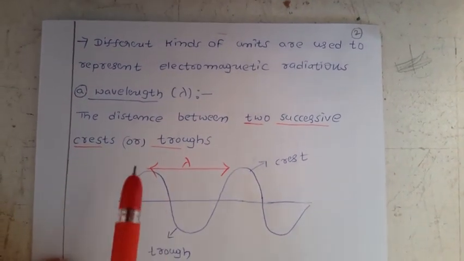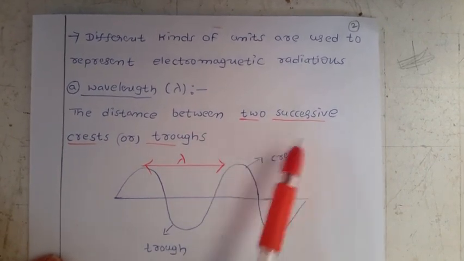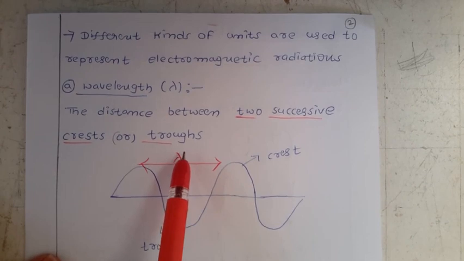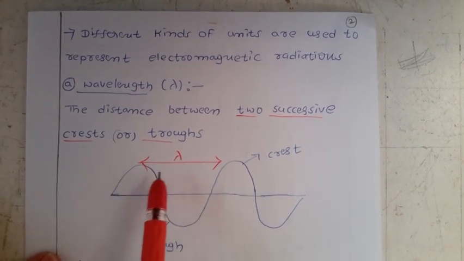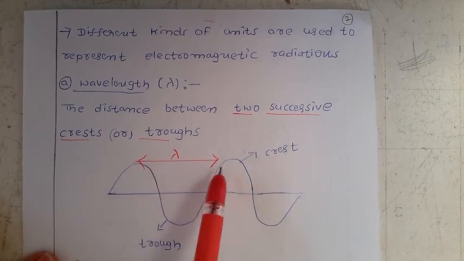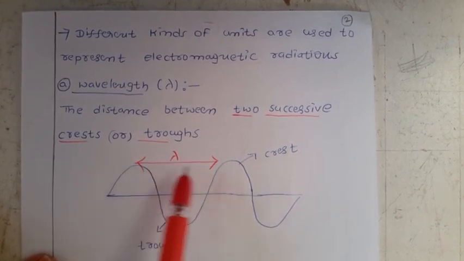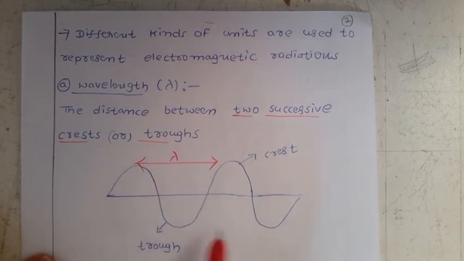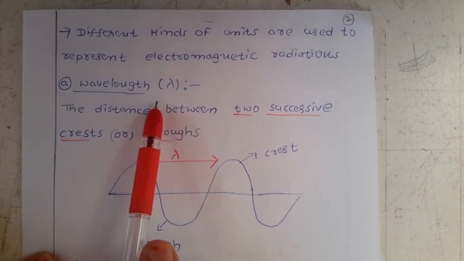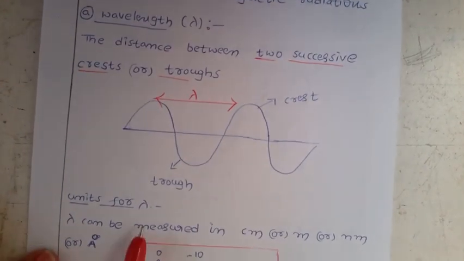It is the distance between two successive crests or troughs. For example, if you take one wave, the distance between two successive crests or two successive troughs is called lambda, nothing but wavelength.